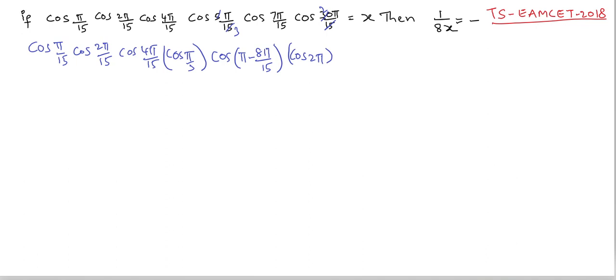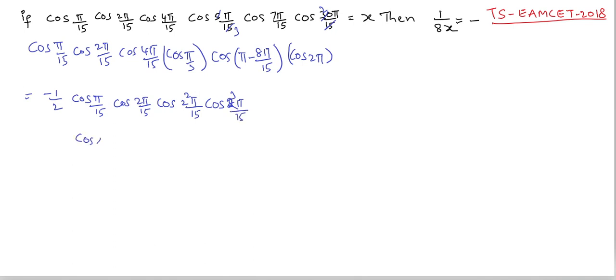Here cos of 180 minus 8 pi by 15, second quadrant, is minus cos 8 pi by 15. So cos pi by 15, cos 2 pi by 15, cos 4 pi by 15, that is 2 square pi by 15. The value is cos 8 pi by 15, this is 2 cube.